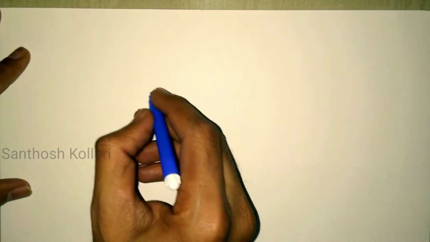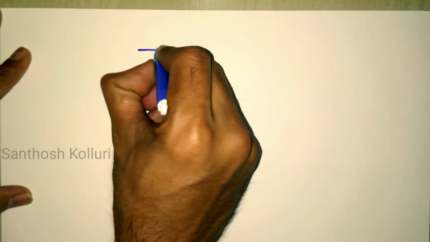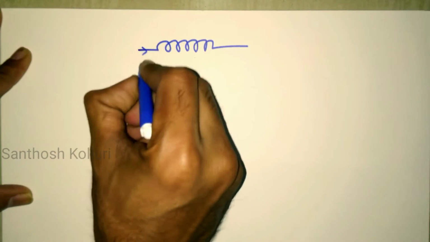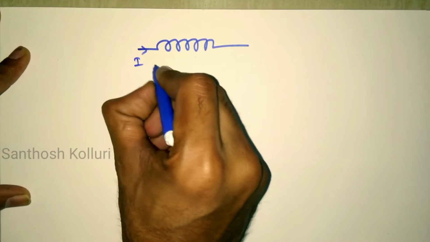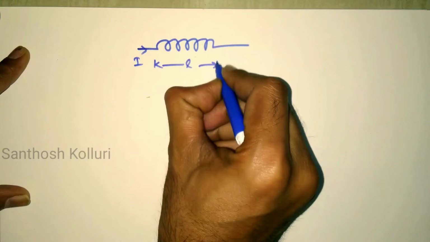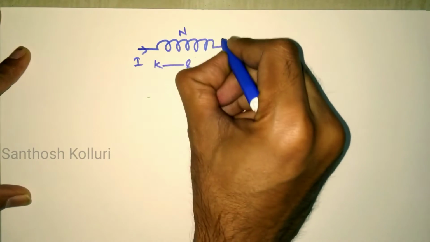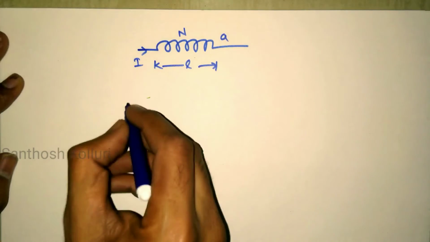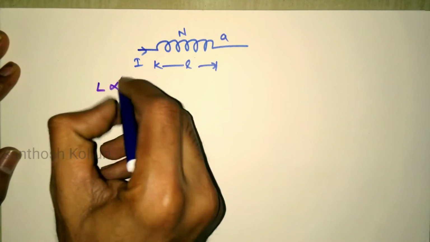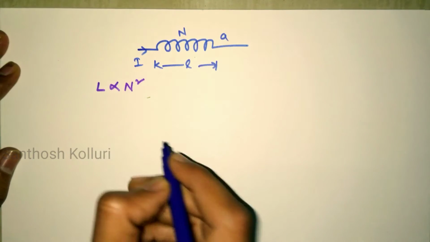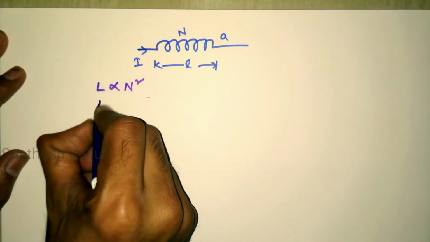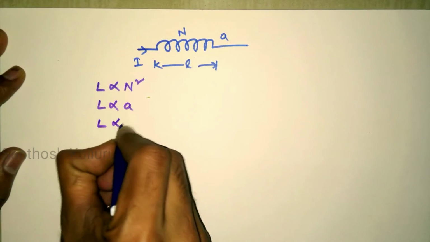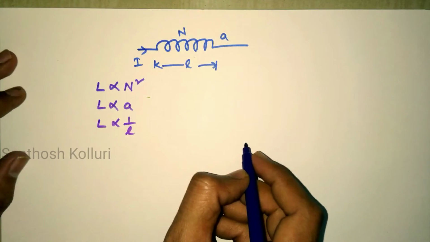As per the physical dimensions, the inductor formula can be written as follows. This is the current flowing through the inductor having a length L, number of turns N, and cross sectional area A. The inductance is directly proportional to number of turns square, n square, directly proportional to area of cross section, and inversely proportional to the length of the material.